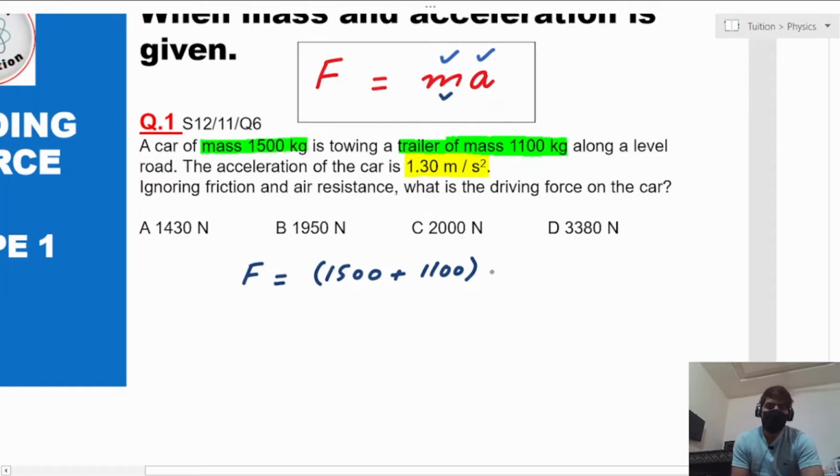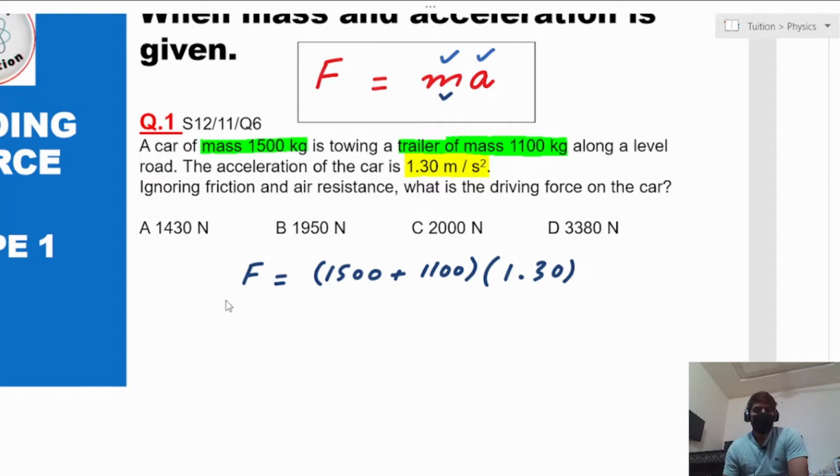Now we need the value of a, which is 1.30. You simply hit it on the calculator and you'll get your value of force, which in that case would be option D, 3380 newtons.